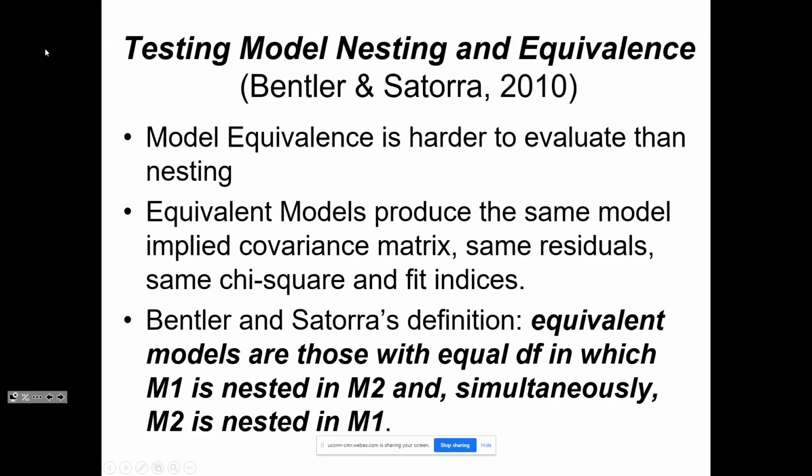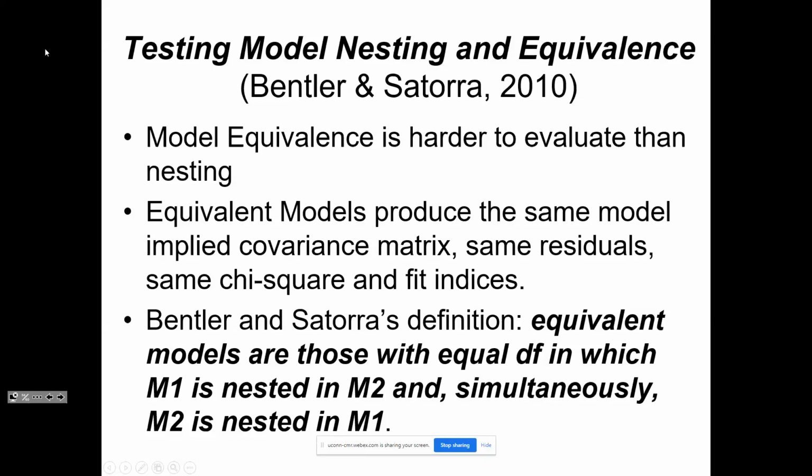But now if you think about equivalent models, it doesn't really matter which one you put first. You don't have a simpler and a more complex model. You have two models that have equal degrees of freedom, and that's really what he means by M1 being nested in M2 and simultaneously M2 being nested in M1.